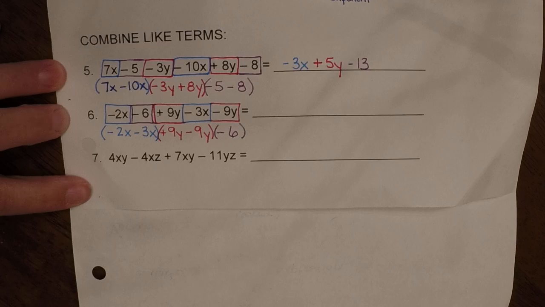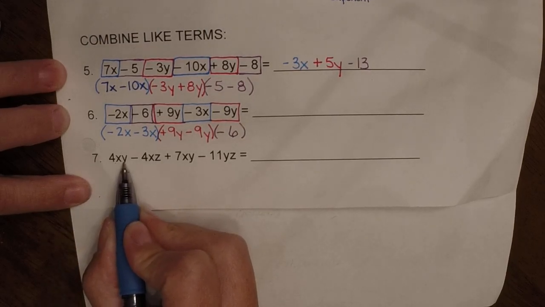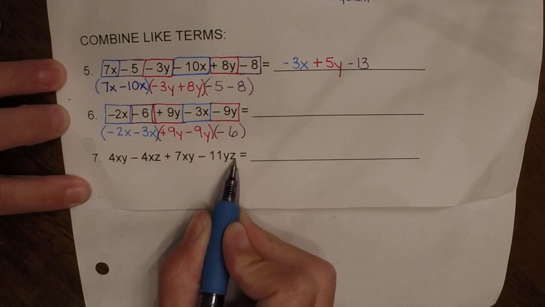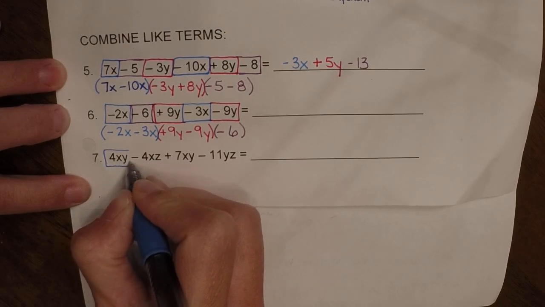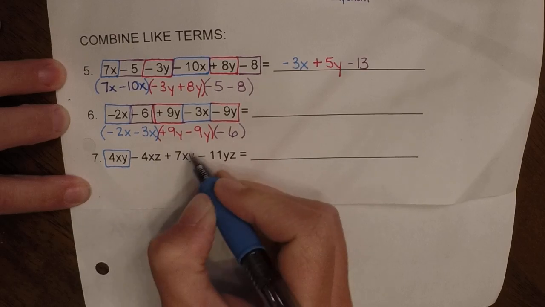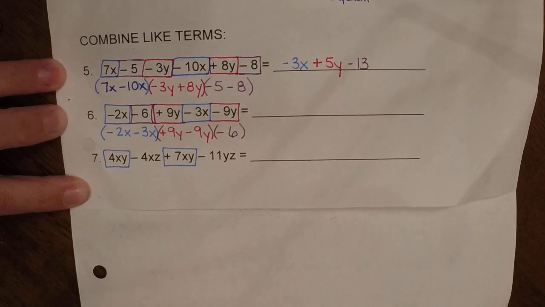I am going to box it. So for 7, notice I have xy, xz, xy, and yz. So if we were going to group, I have a 4xy. This is xz, which doesn't match, but this is xy. So these would go together.